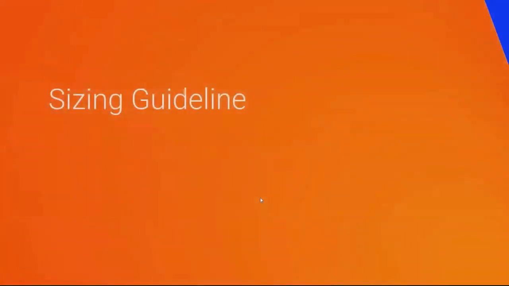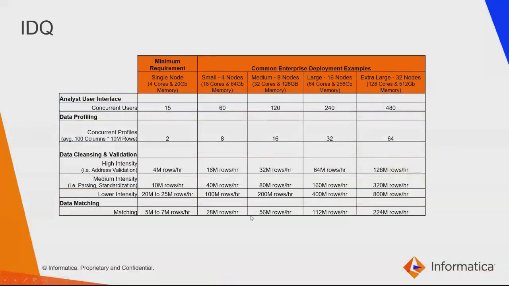Let's move on to sizing guideline. Here is a template that can be used for capacity planning of Informatica Data Quality. There can be various types of sizing here, like a minimum of single node, with 4 nodes, 4 cores, and 20 GB memory.